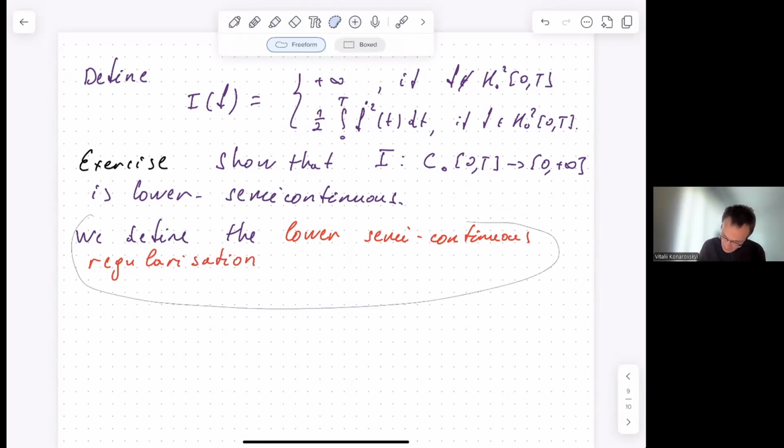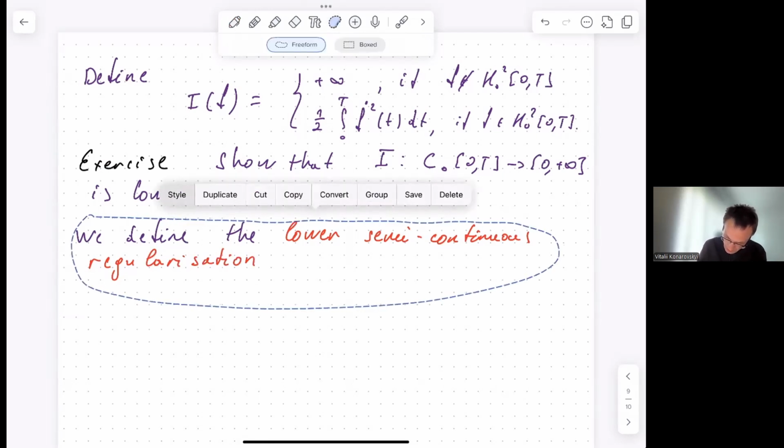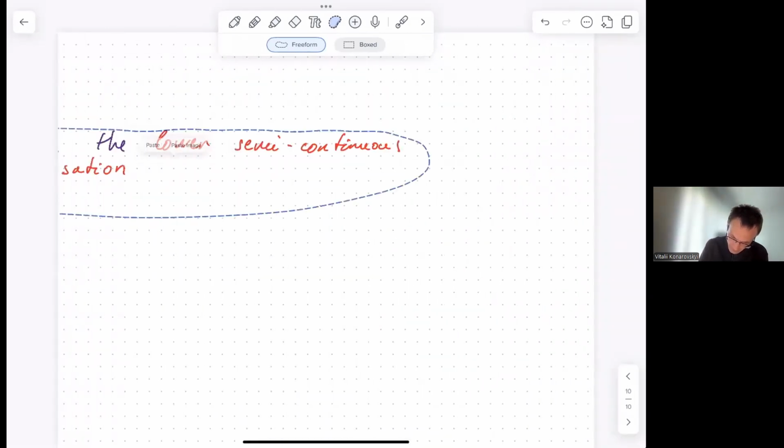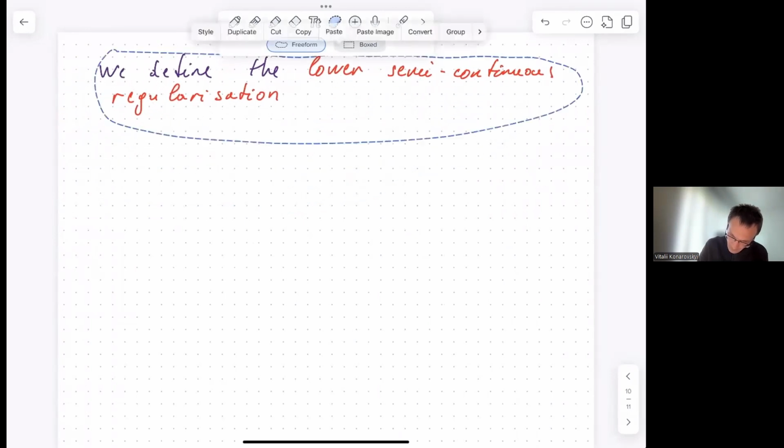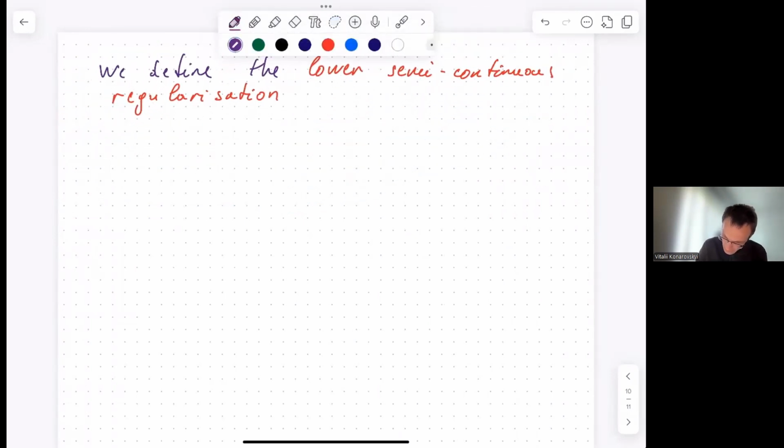Okay, we define the lower semi-continuous regularization of the function f from the metric space E to [minus infinity, plus infinity].